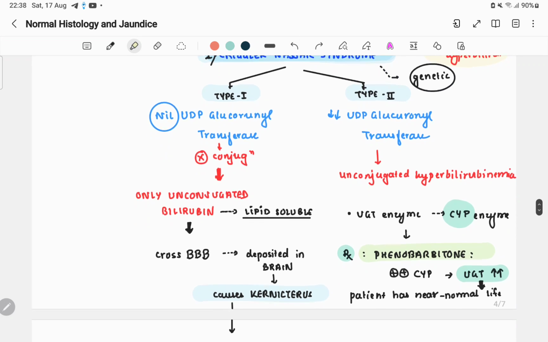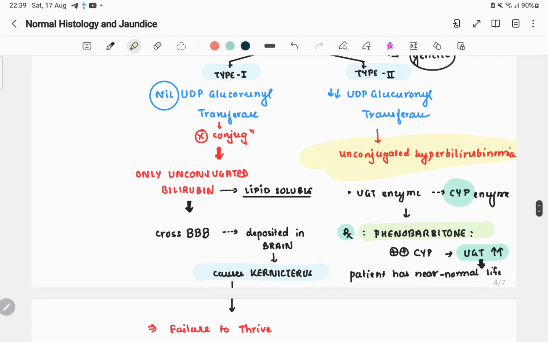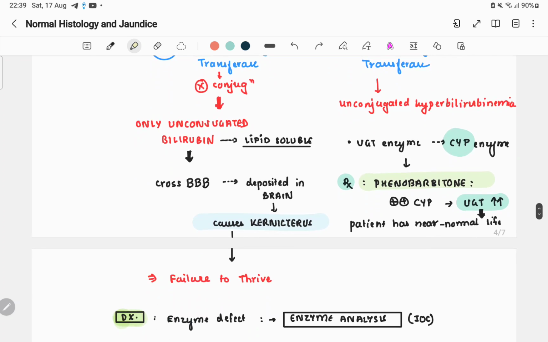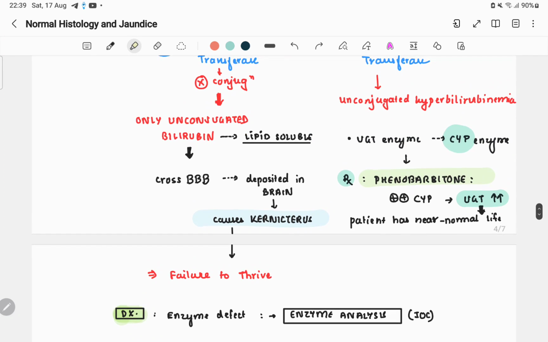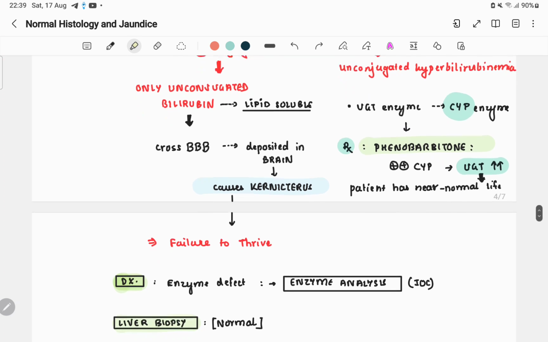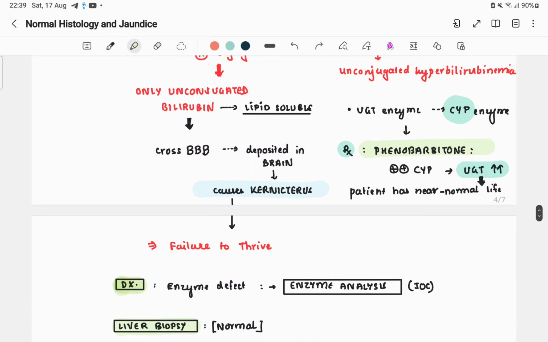And type 2 is depleted UDP glucuronosyltransferase levels, decreased UGT level. So type 1 is nil UGT and type 2 is depleted UGT, right? So here there is unconjugated hyperbilirubinemia, and the UGT enzyme is basically a CYP enzyme, that is cytochrome P450 enzyme. So the drug of choice, the treatment, is phenobarbital, a long-acting barbiturate, an ultra-long-acting barbiturate.